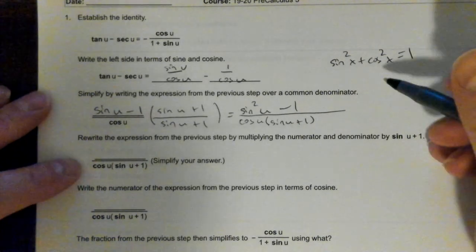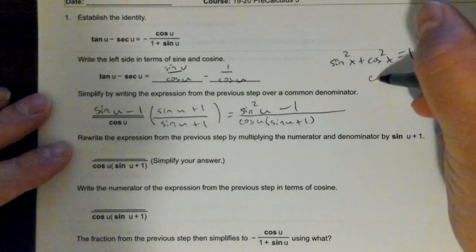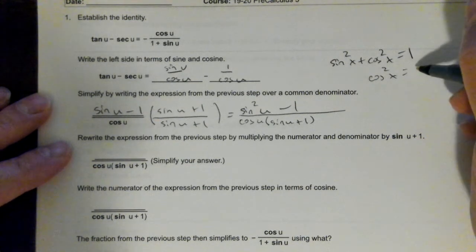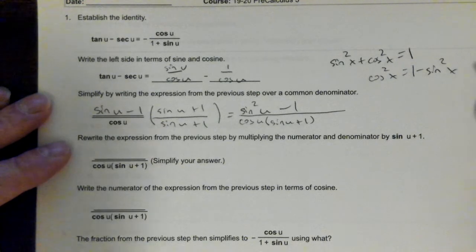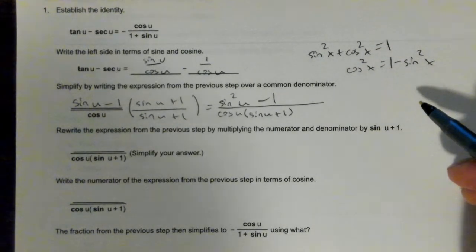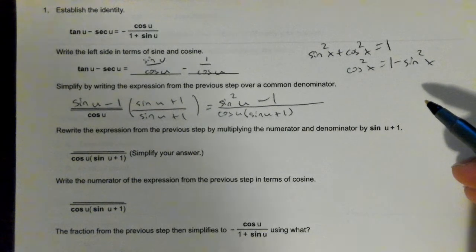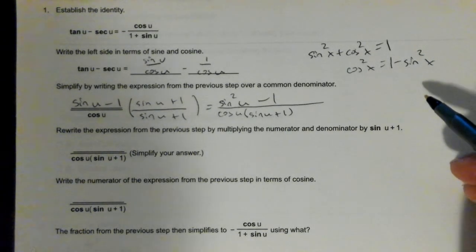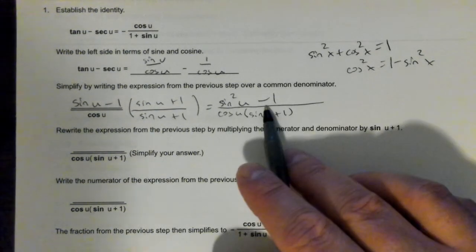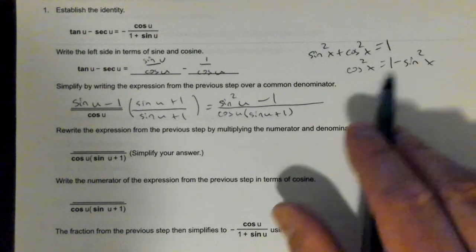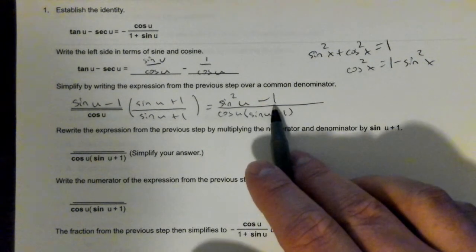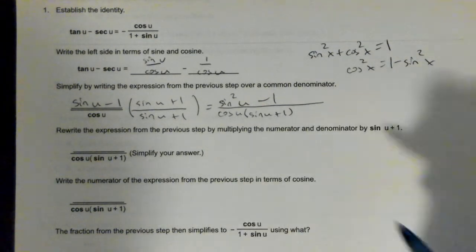And so if we solve for cosine squared, that'd be 1 minus sine squared. So on this, it looks like this, except they're in a different order, and so we need to multiply by negative 1.